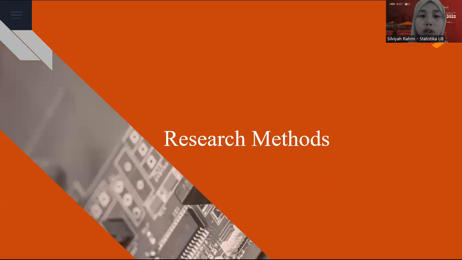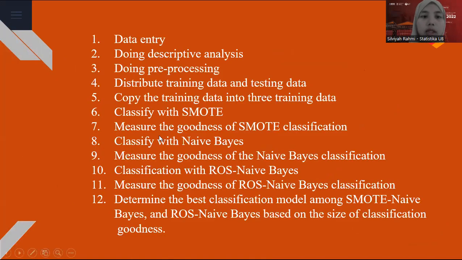Okay, the third outline is research method. This is the algorithm for our research: data entry, doing descriptive analysis, doing pre-processing of data, classify with SMOTE, measure goodness of SMOTE classification, classify with naive Bayes, measure goodness of naive Bayes, then classify with random oversampling naive Bayes, measure goodness of random oversampling naive Bayes, and determine which has the best classification among SMOTE or random oversampling naive Bayes.